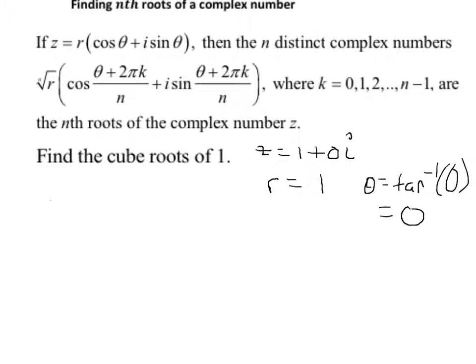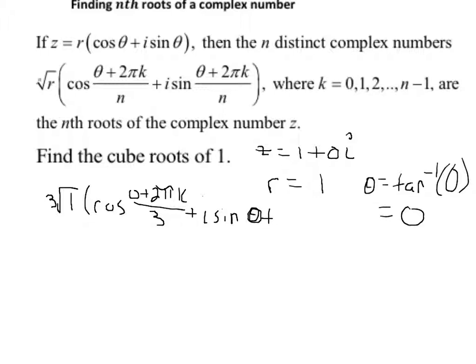So you would say cube root of 1 times cosine of (0 plus 2 pi k) divided by 3, plus i sine of (0 plus 2 pi k) divided by 3.